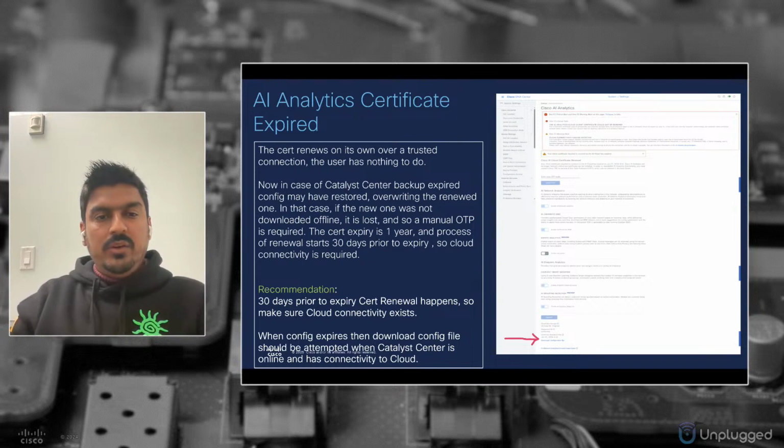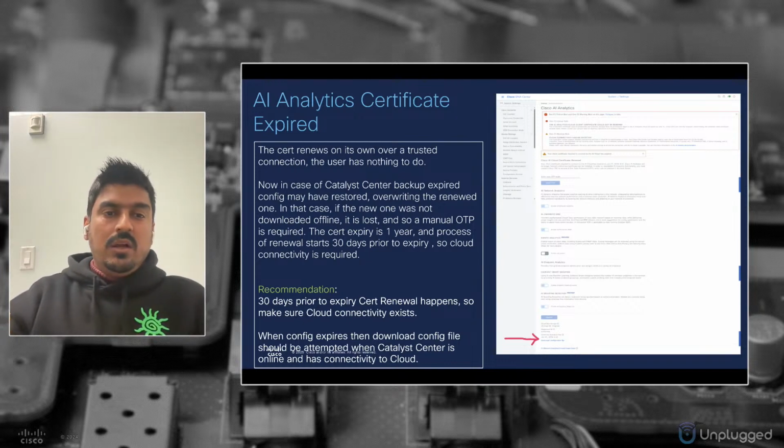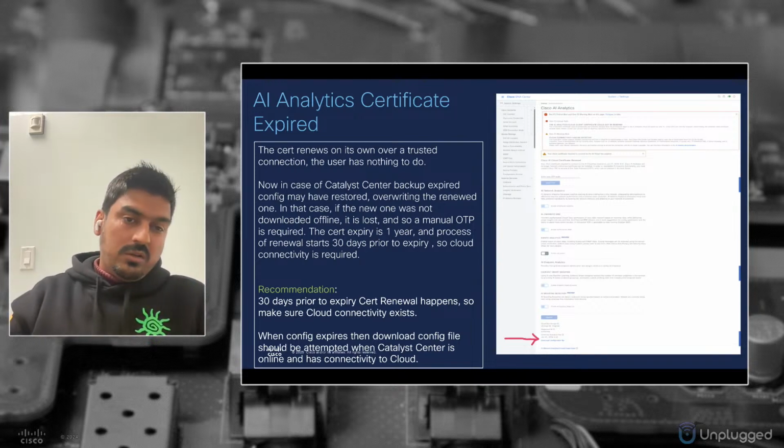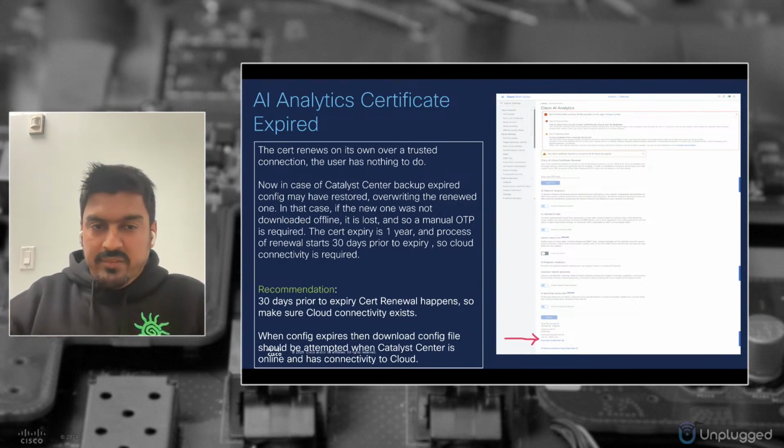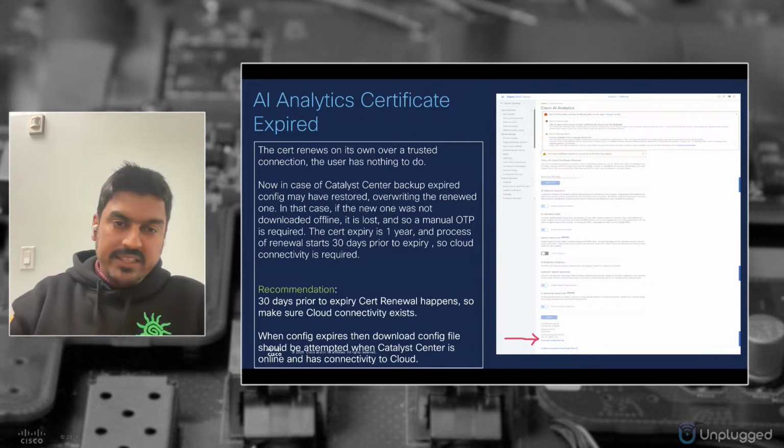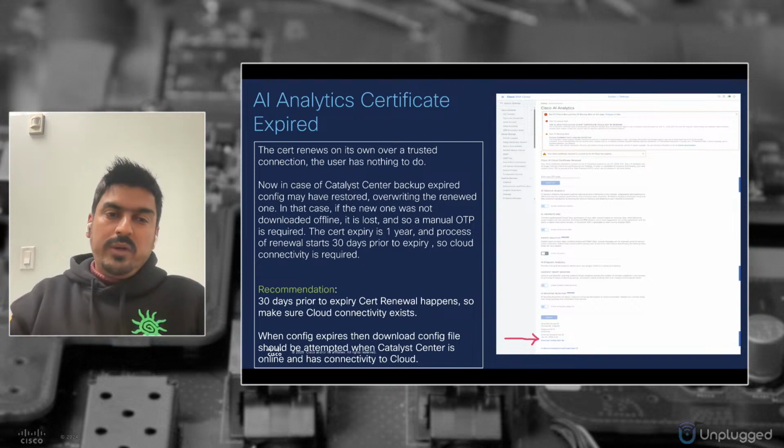For example, you restore a backup on Catalyst Center, and that will have an expired certificate in its database, and sometimes it's not able to override the renewed one. In that case, the new one is not downloaded, or you can have issues with your connection, or somehow it didn't get updated. So a manual OTP is required.